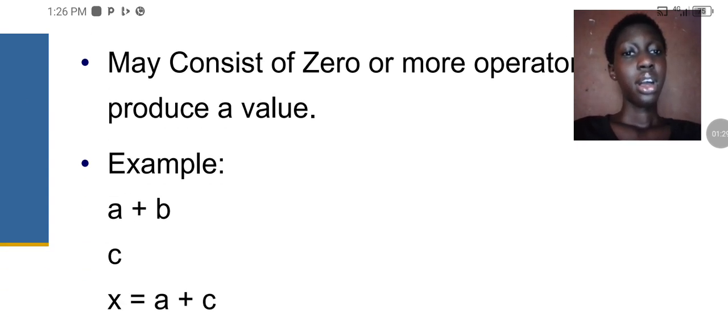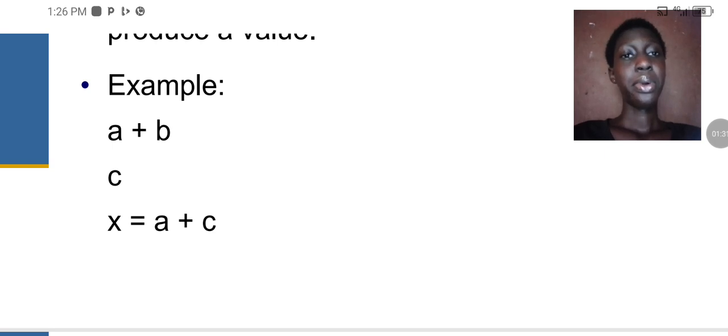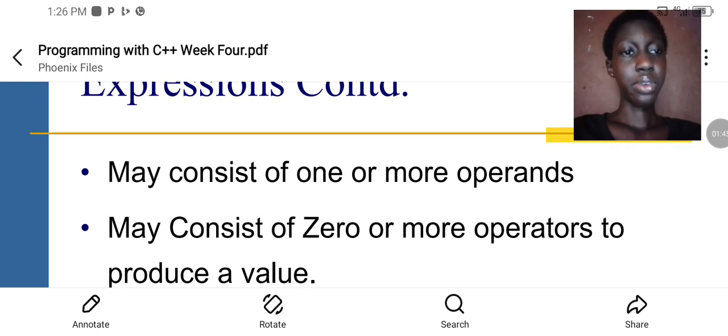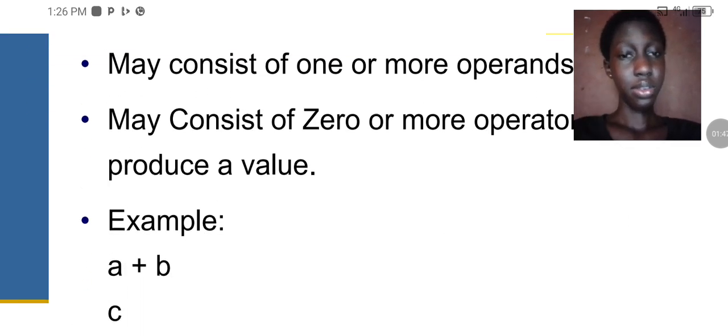So, here are some examples. A + B is an expression with an operator that produces a value. For the second one, we have only C, but it's also an expression, since it may consist of zero or more operators.